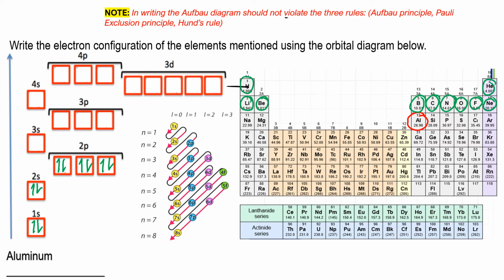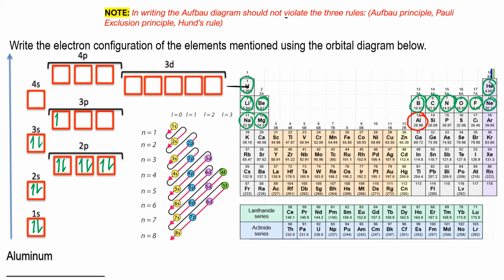Now let's move on to the 3s, or the third orbital. And then we move down. And since our aluminum is found in the p block, we can have only one last arrow up. And that is now the orbital diagram of our aluminum.